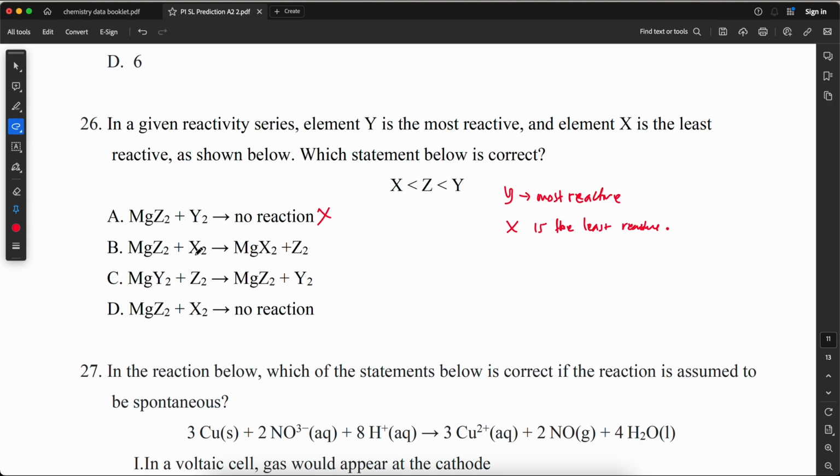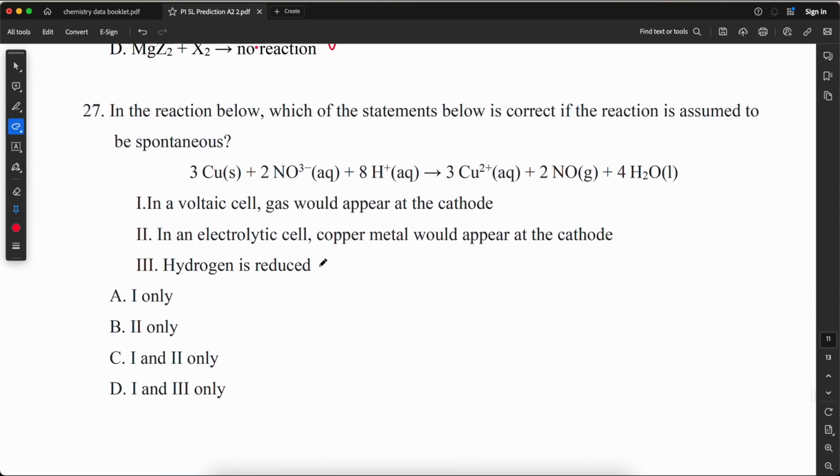X is the least reactive, cannot replace Z, but there is a reaction, wrong. Z is the middle reactive, cannot replace the most reactive, so there is a reaction here, is also wrong. X is the least reactive, cannot replace Z because it is less reactive, so therefore there is no reaction, correct.